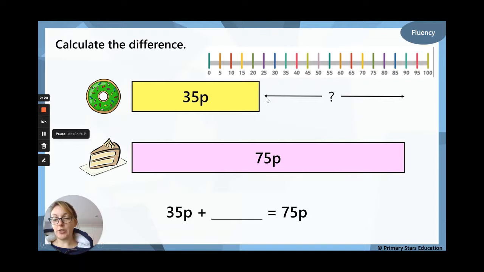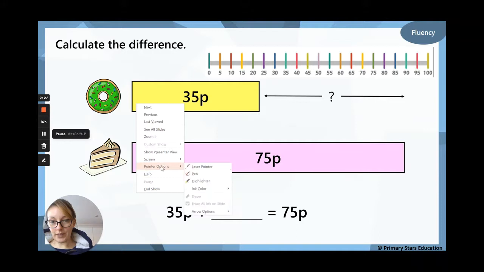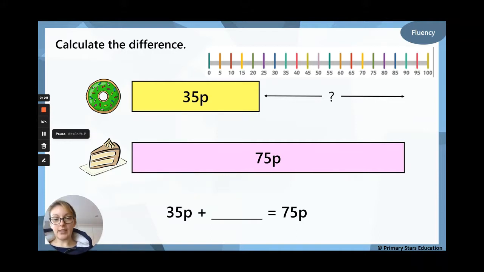So I'm going to use a number line this time to help me find the difference. So let me just get my pen. There it is. So I know the donut costs 35p, so I'm going to start on my number line at 35, and I'm going to count on until I get to 75p to see how much more I would need and to find out what that difference would be.